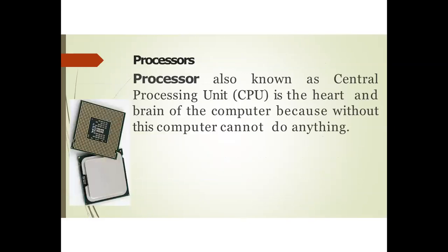Okay, so let's proceed with the heart or the brain of the computer, or also known as the central processing unit or the processor. So processor, also known as the central processing unit, is the heart and the brain of the computer, because without this, computer cannot do anything.